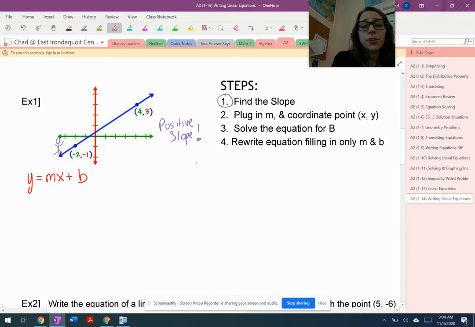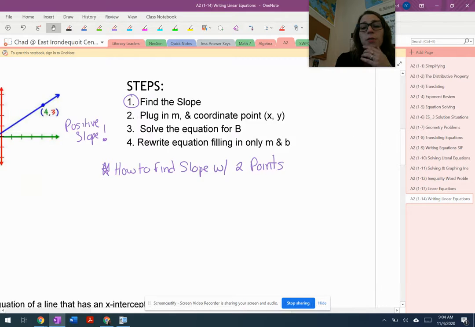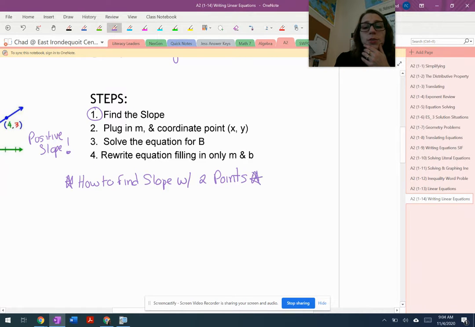So let's review for a sec how to find slope with 2 points. There was a formula that we used, which was y2 minus y1 over x2 minus x1 is equal to my slope.